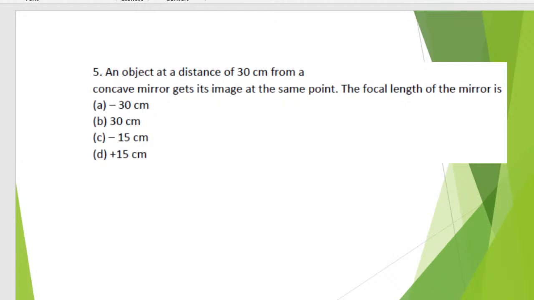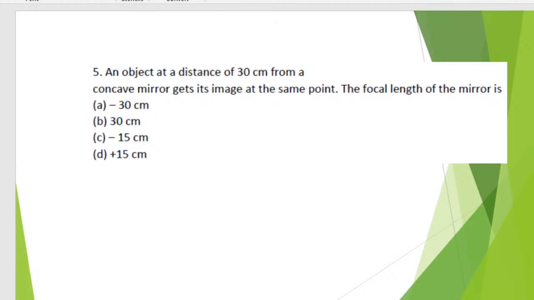Hope you are trying. What should be the answer?